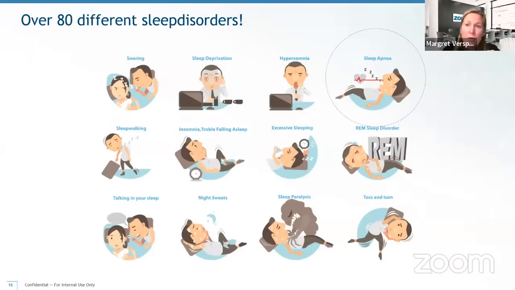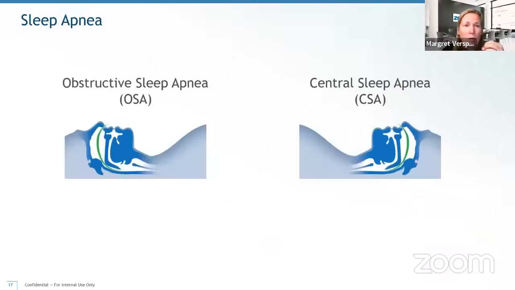So, respiratory-related sleep disorders. When we talk about sleep apnea, we talk specifically about two phenomena, and the most common one is obstructive sleep apnea. In obstructive sleep apnea, there is a blockage of the upper airway.